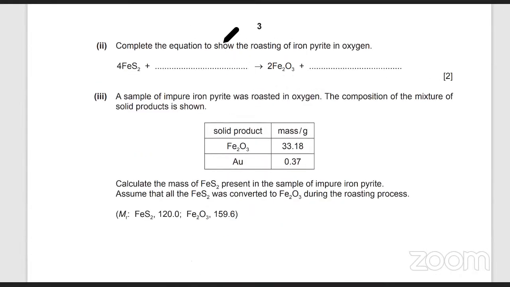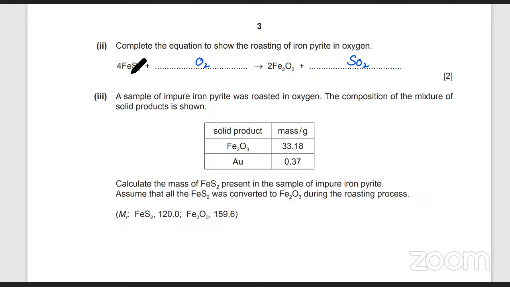The next part is complete the equation to show how the roasting of iron pyrite in oxygen. So he said, okay, it's getting roasted in oxygen. And he mentioned that iron oxide was being produced, which is true, and sulfur dioxide, he stated that earlier. So you just have to, and half the equation is already balanced, so that's easy. So it's how many? 8 sulfurs on the left side, right?